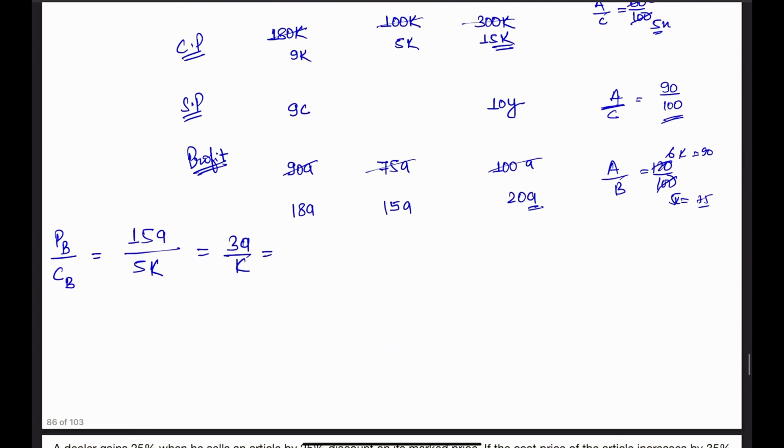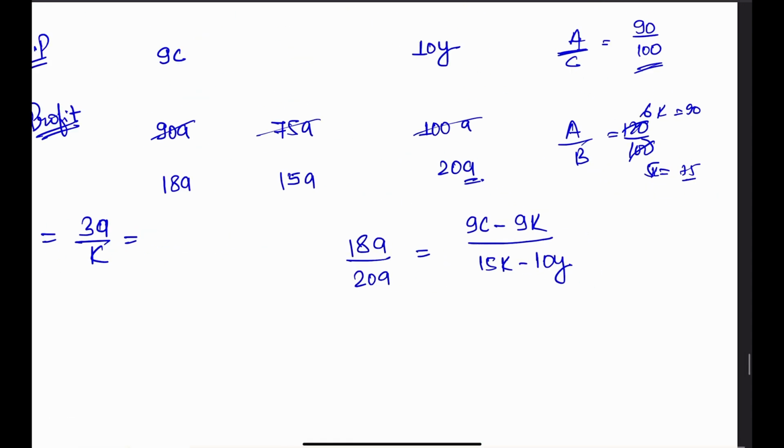In this context, let's take the ratio of profit, that is 18A upon 20A, and this 18A is because of 9y minus 9k, divided by this 20k. This is the loss. This loss is because of 15k minus 10y.